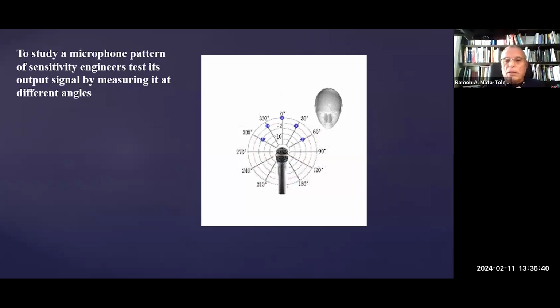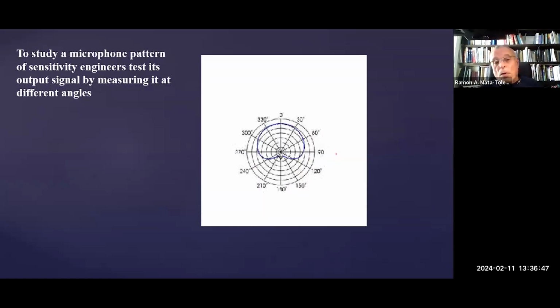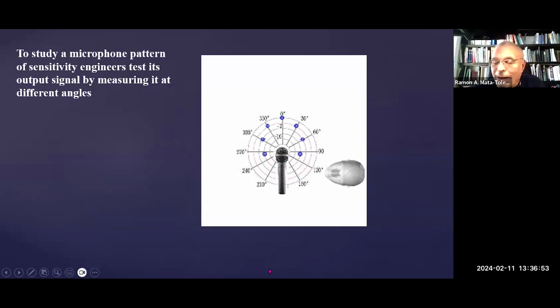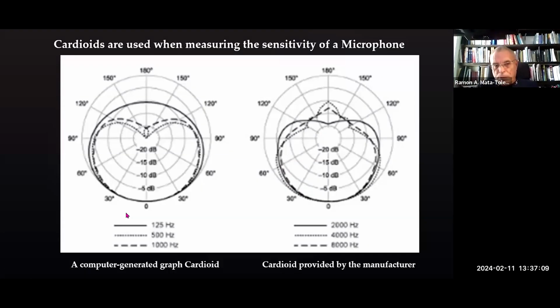In this case, we are seeing it as part of polar coordinates, and that's the way we graph it, as we measure the different angles. The result of this measure, when we plot it, is going to be a cardioid.